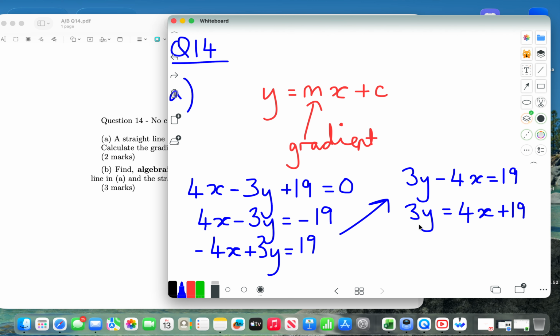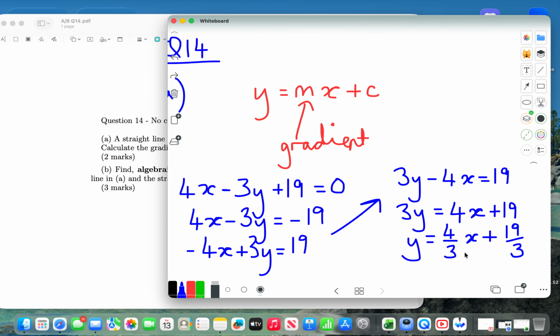And the 3 is multiplying the y, so we have to divide through the entire thing by 3. So 4 becomes 4/3 x plus 19 over 3. Now we have this in the required form, and if you compare that to this, we get the gradient is 4/3.